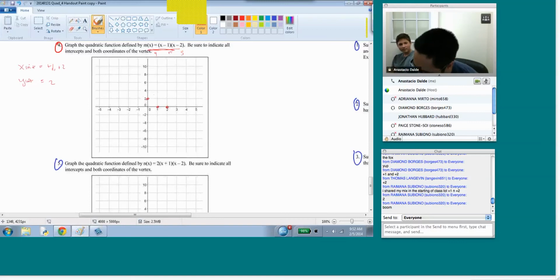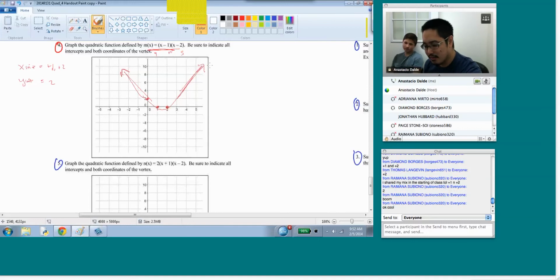Boom. All right. So if I were to graph the parabola, it probably looks something like that. I'll draw it out a little bit more for you. There we go. Let's find the vertex, just to make sure that we're on the right track here. Where's the axis of symmetry? Where's this thing symmetric about?